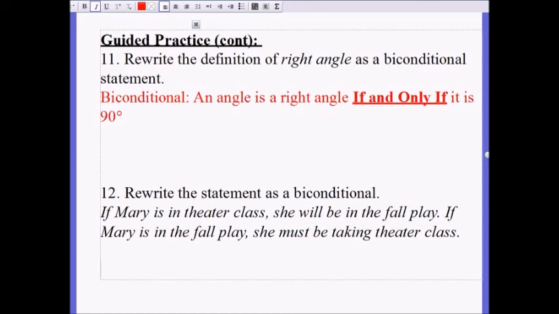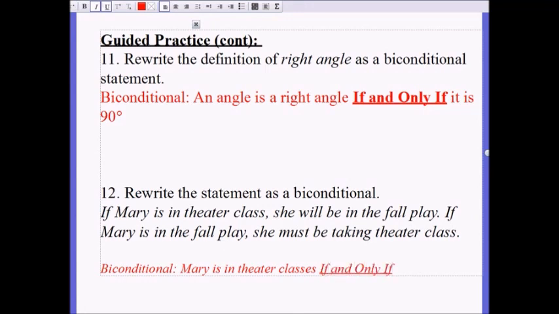So the biconditional: Mary is in theater classes if and only if she is in the fall play. Remember that if and only if basically makes your biconditional statement.